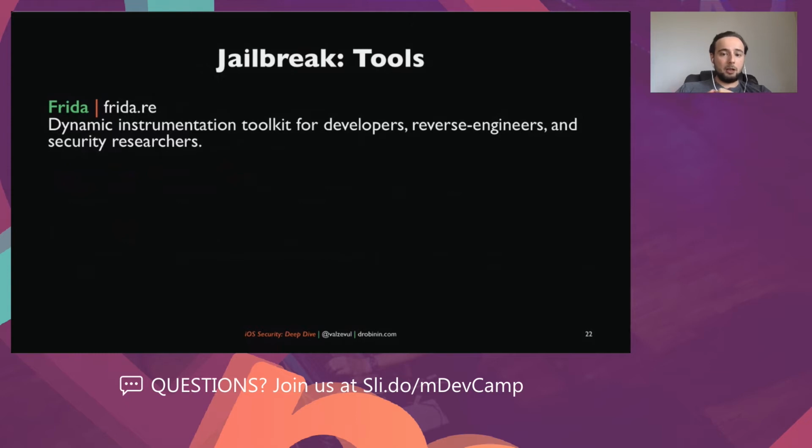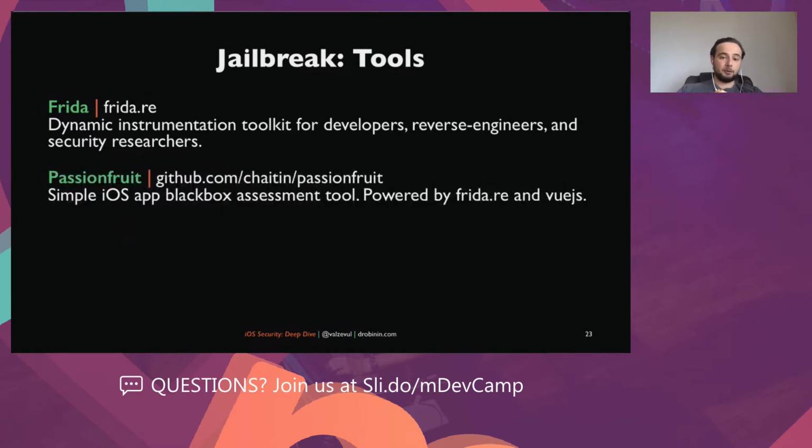Once it comes to jailbroken devices, though, there are way more features and way more tools. Frida, which I already mentioned, is the dynamic instrumentation toolkit for developers, reverse engineers, and security researchers. It's a kind of Swiss Army knife you can use to inspect almost every part of the app flow you want to inspect. The second one is Passionfruit.